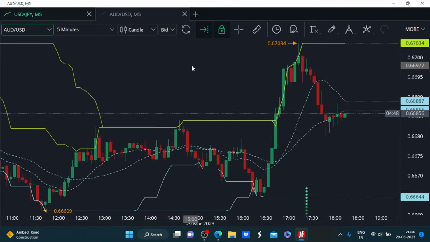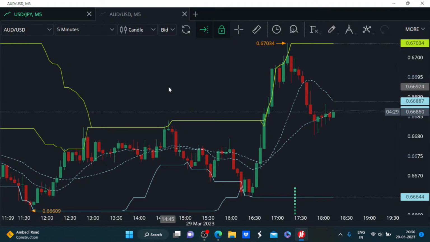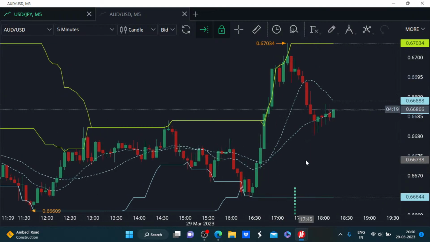AUD, as it is showing some of this bullish momentum of late, I think it is better to omit it from the possibility of going short against the AUD. Instead, if we see that stability returns and if we see the AUD/USD is able to hold above this prior swing low, this immediate swing low, then we can even keep looking for opportunities to initiate long trades.